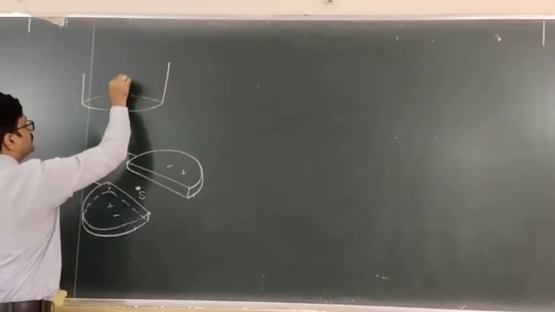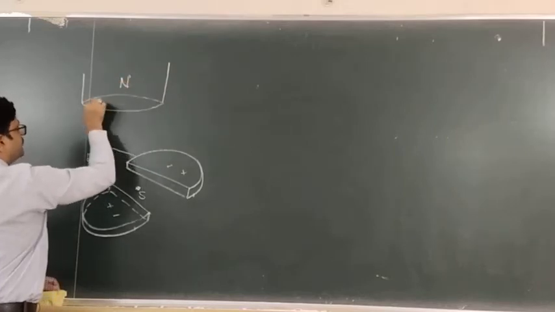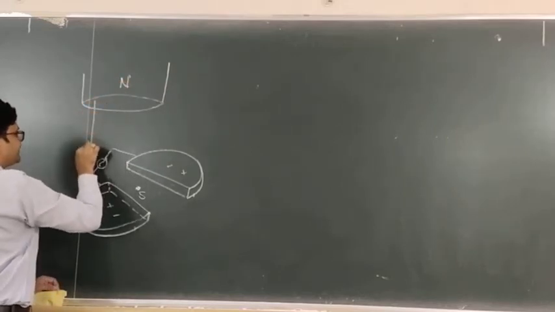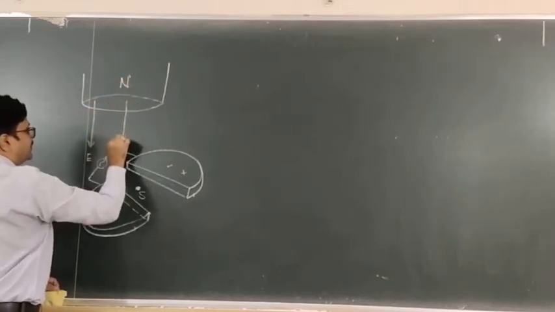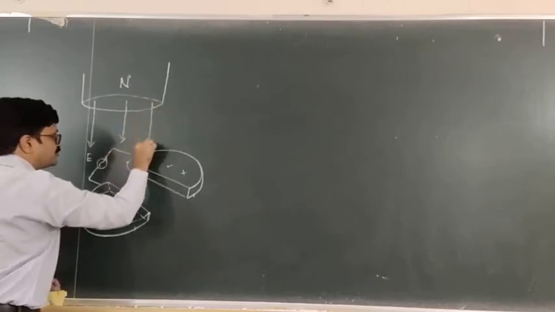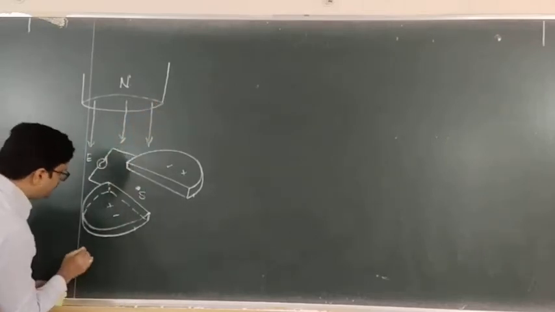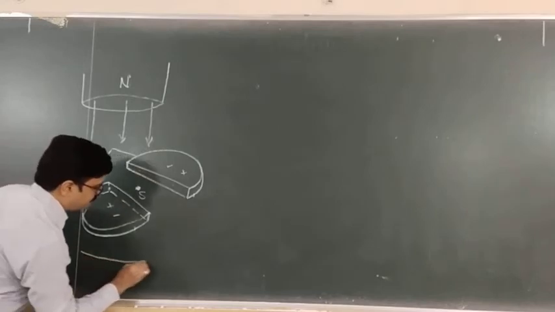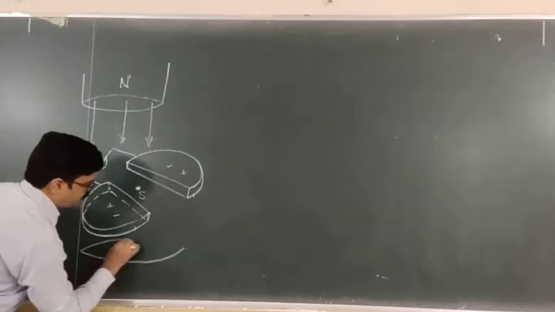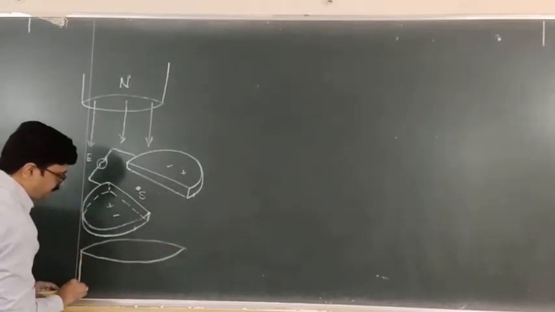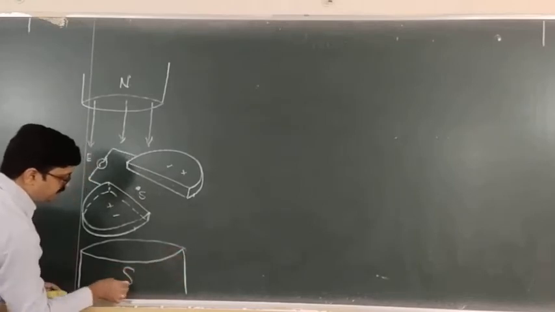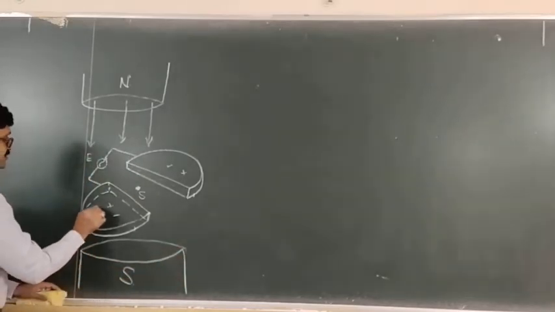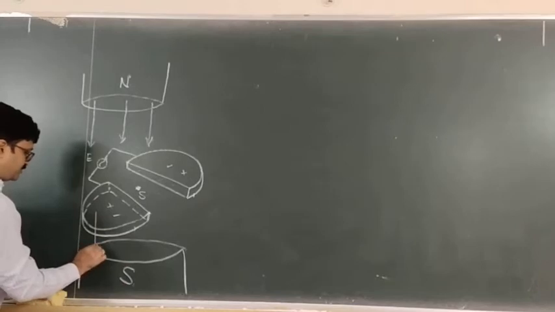Let this be a north pole, so that the magnetic field will be sent in the downward direction like this. And here I consider the south pole, and here the magnetic field will be received like this.